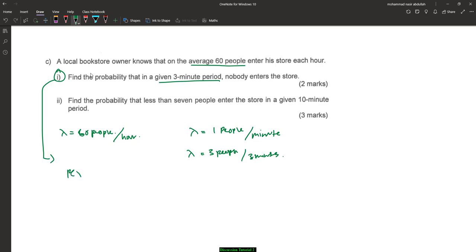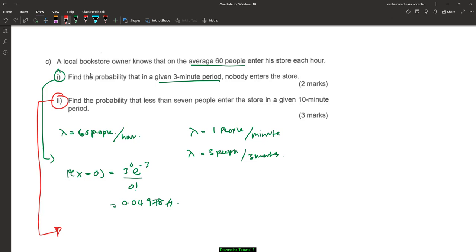So we want to find probability of x equal to 0. This is a Poisson distribution. X equal to 0, 3 to the power of 0 times exponential negative 3 divided by 0 factorial. So this one should be equal to 0.04978. Okay, simple question, right?